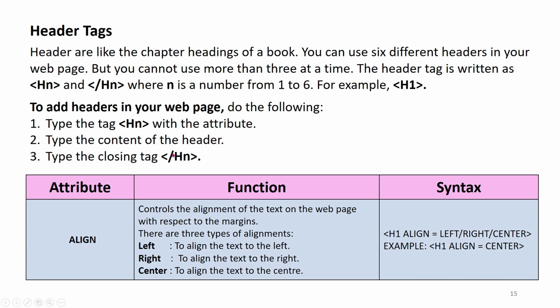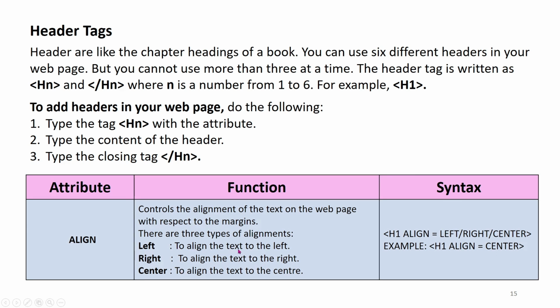See here, one of the attributes used with HN is align. This controls the alignment of the text on the web page with respect to the margins. There are 3 types of alignments: left, right and center. These are actual horizontal alignments.